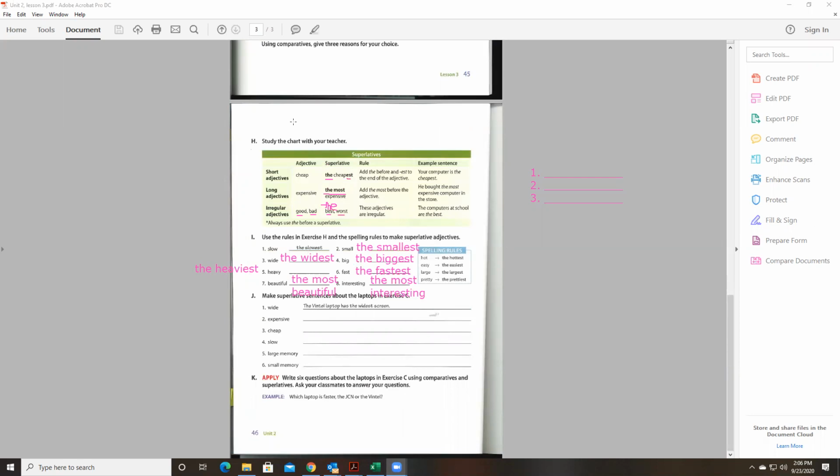So you will write the Toshiba laptop is the most expensive.